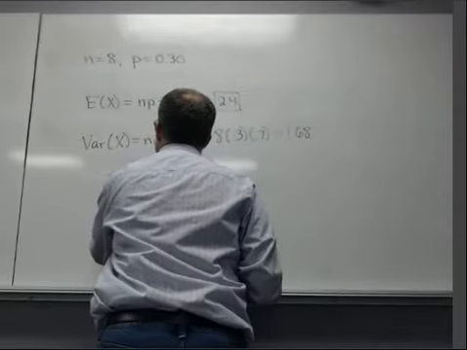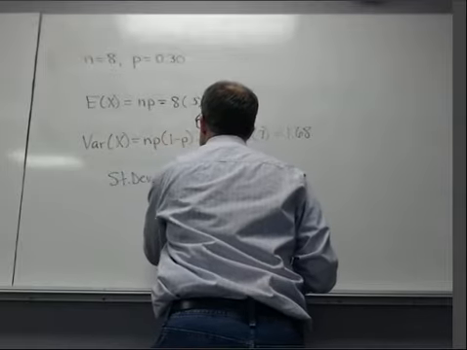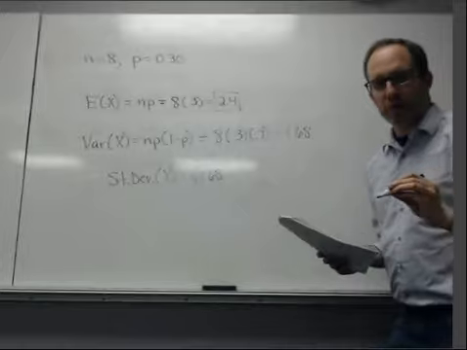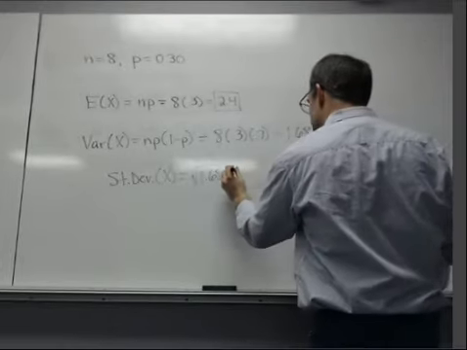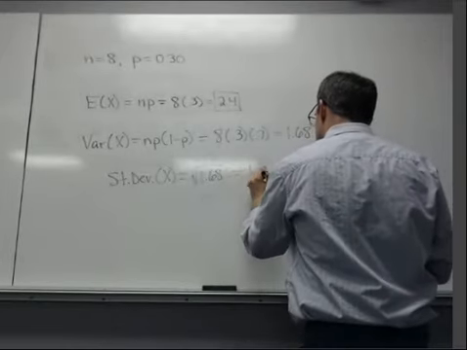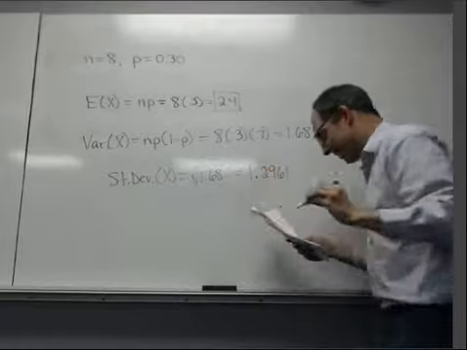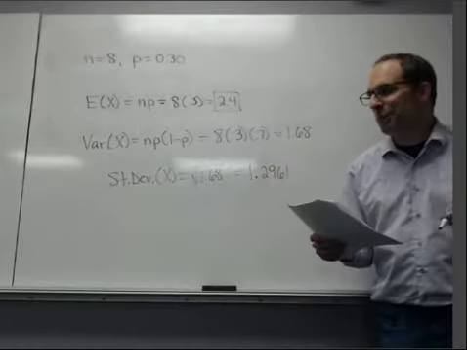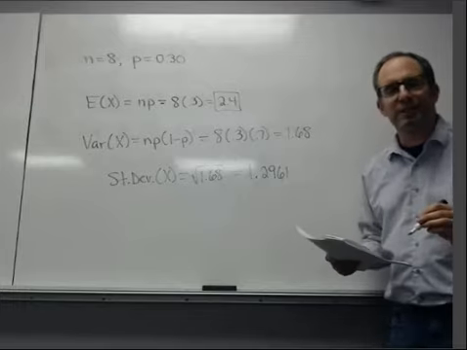So the standard deviation would be the square root of 1.68, which when you take that square root, let's see, 1.2961. All right. Before looking, I would have guessed it was close to 1.3. I'm kind of proud of myself.